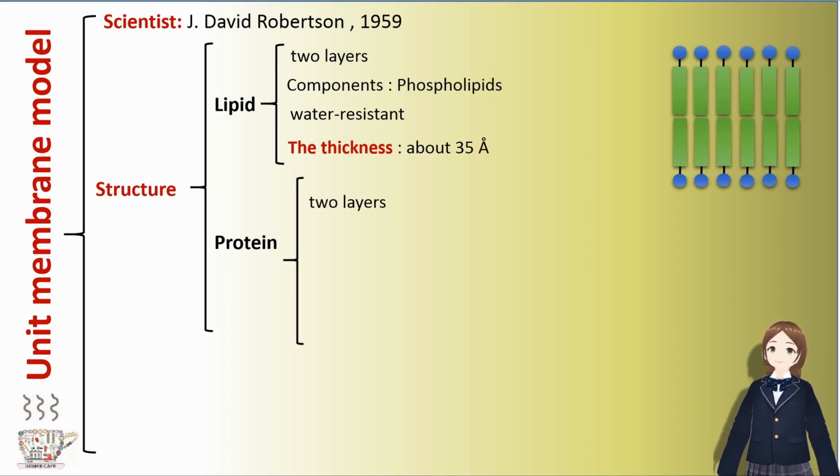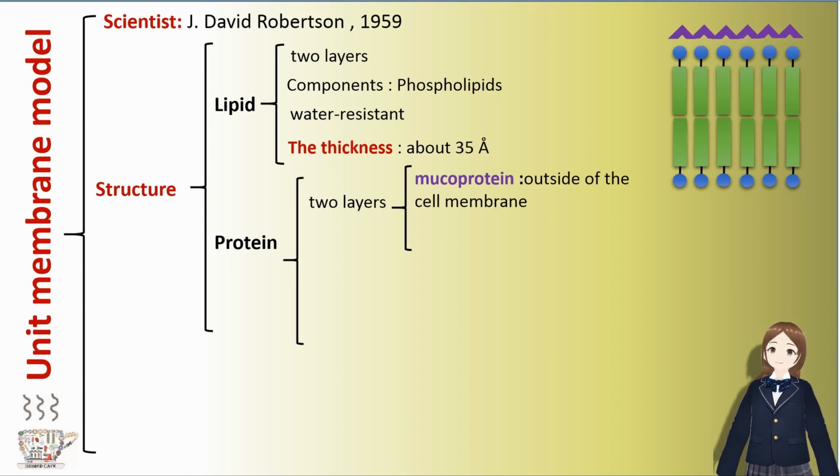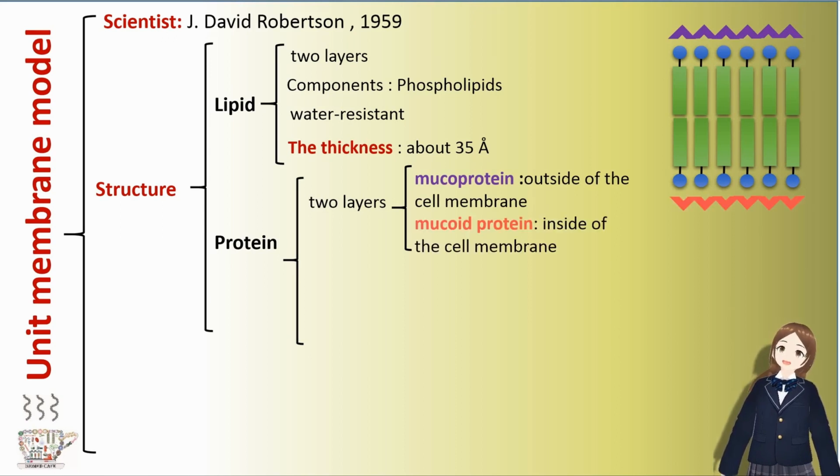That is two layers. One layer is mucoprotein in outside of the cell membrane and mucoid protein in inside of the cell membrane. Proteins are as thin sheets and aquatic.